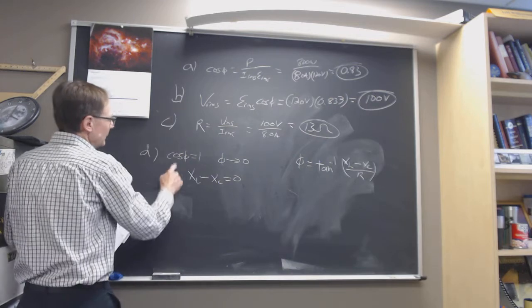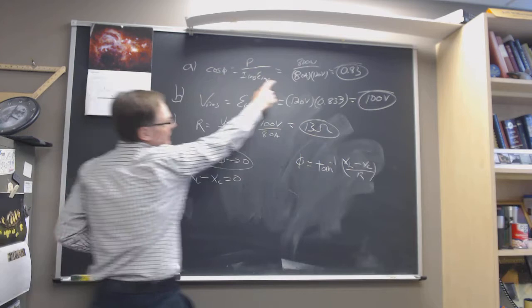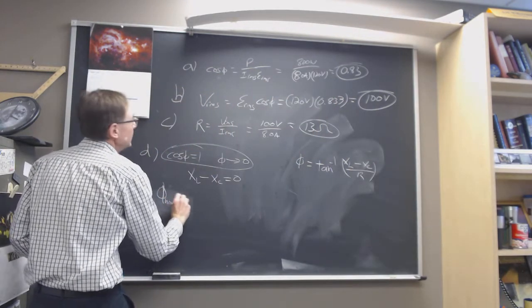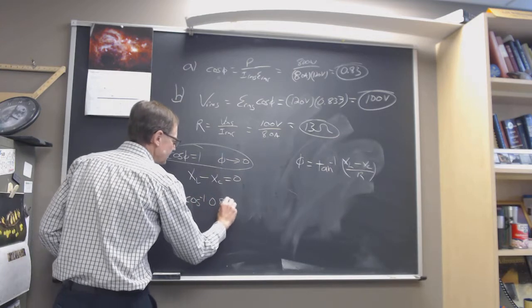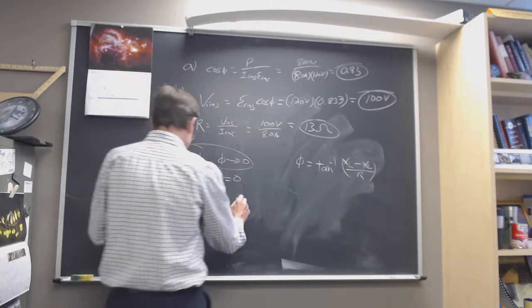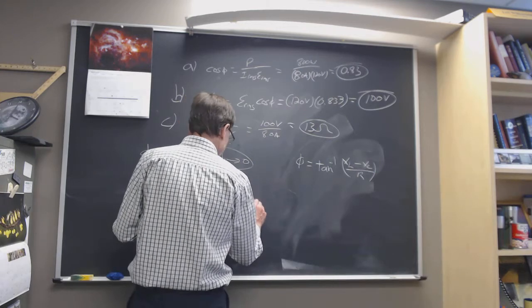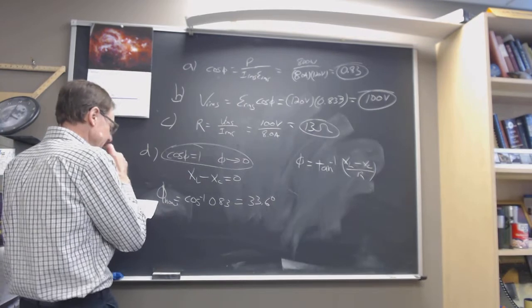The phi that we have now is going to be the cosine inverse of 0.83, and that's going to give us 33 degrees, if I remember correctly. Yeah, 33.6 degrees is the current angle.